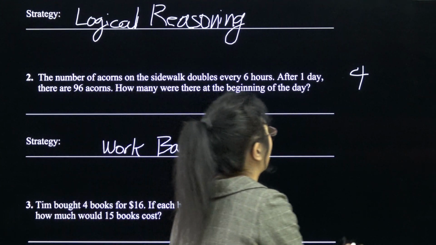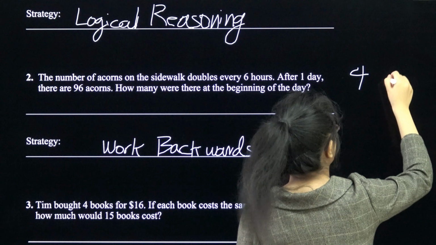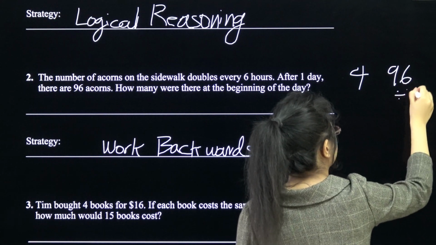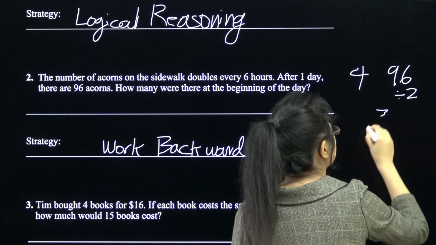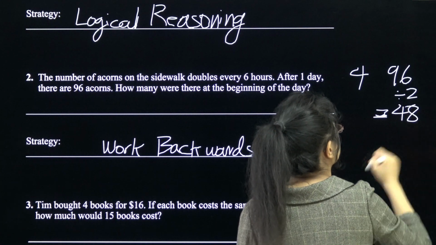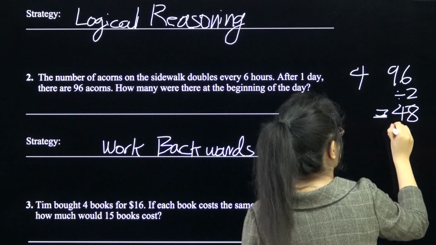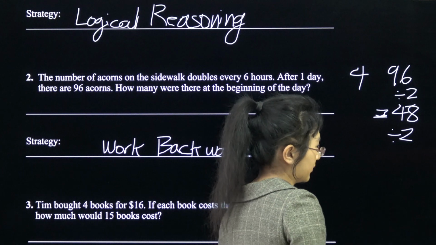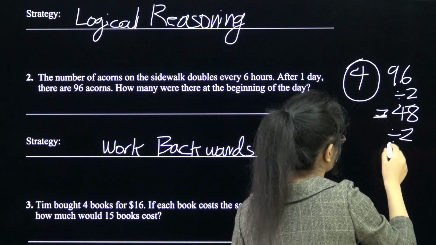Since it doubles every 6 hours, 96 divided by 2 equals 48 divided by 2. Because, well, we need to have 4 divided by 2's.